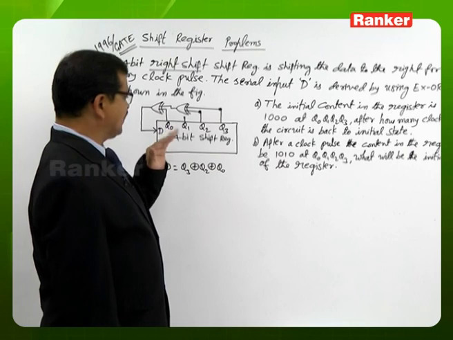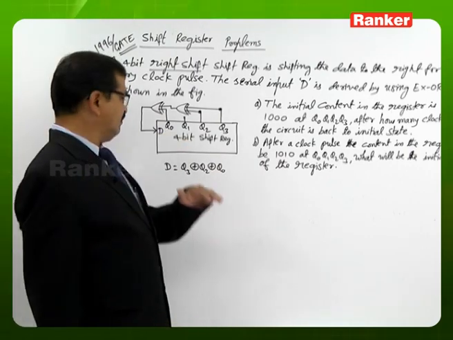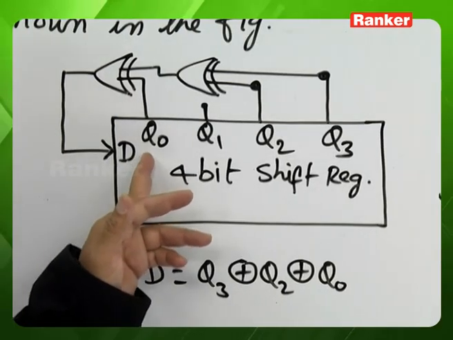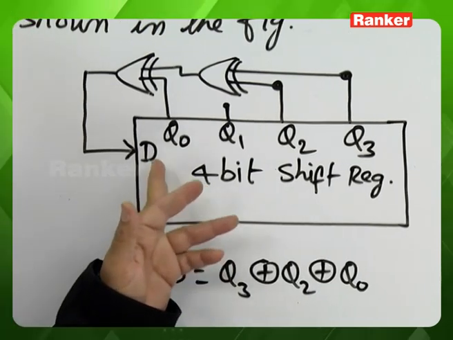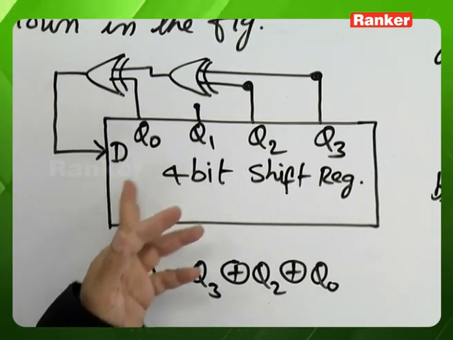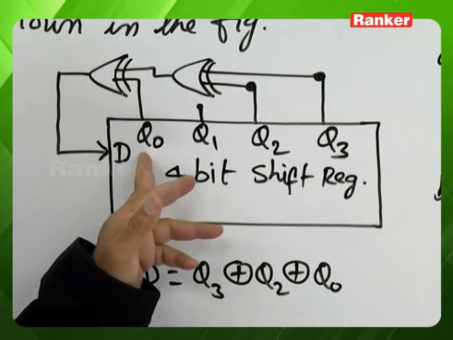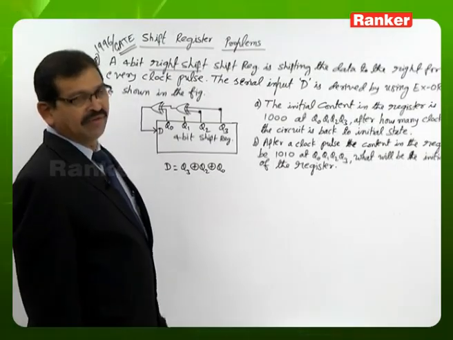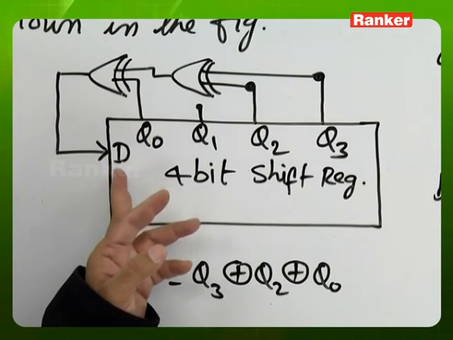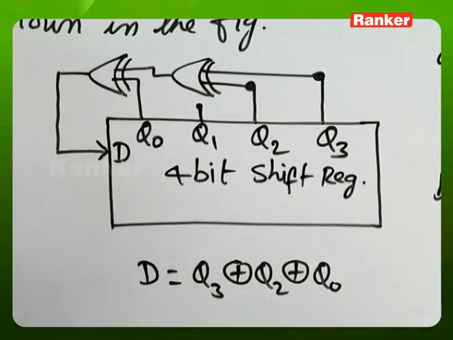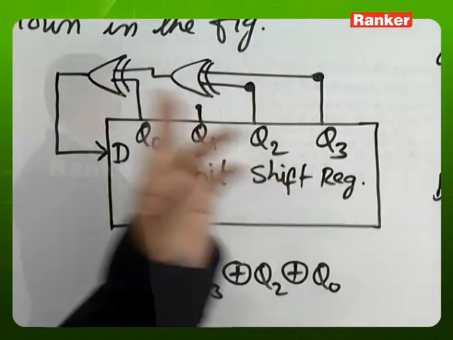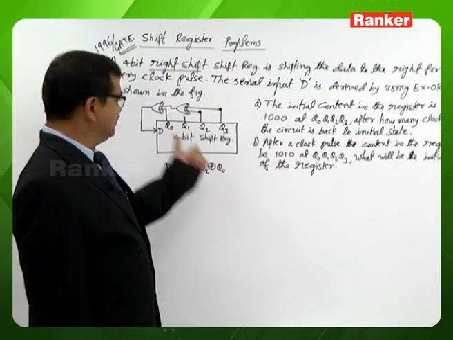While looking at this figure, normally the mistake we make is that, since Q0 is nearer to D, where the serial input D is entering, we try to transfer the serial input D first to flip-flop 0. It is wrong. The serial input D will be transferred to flip-flop 3 first. That is the hidden thing.